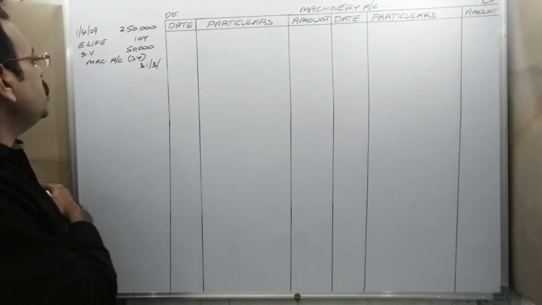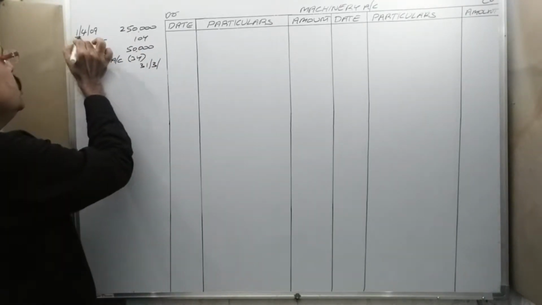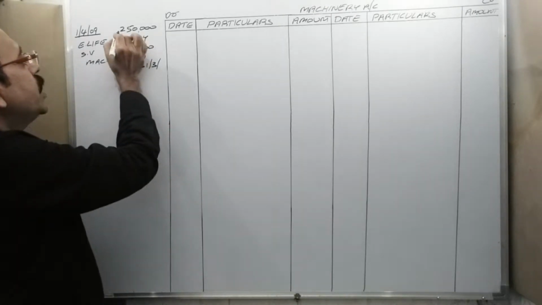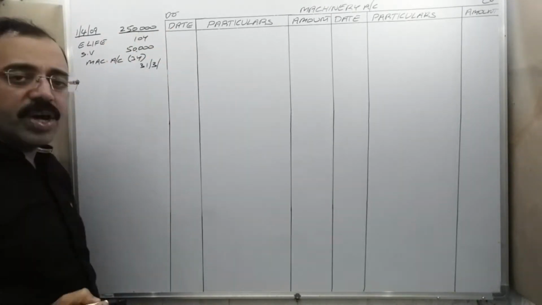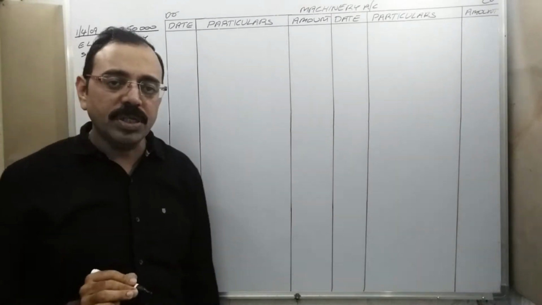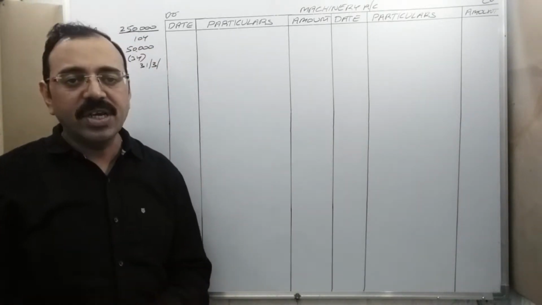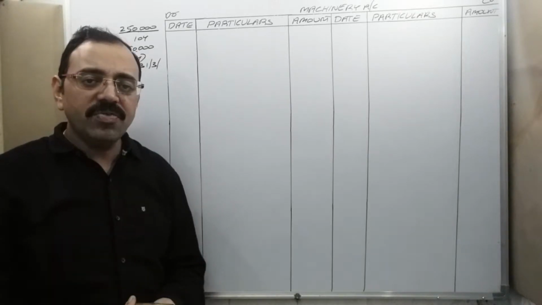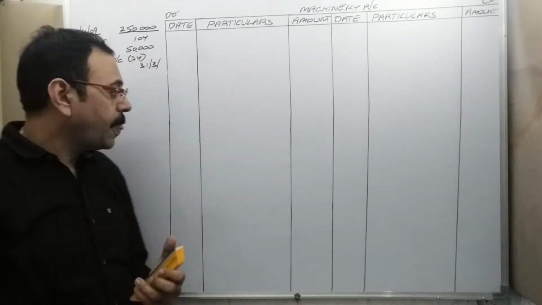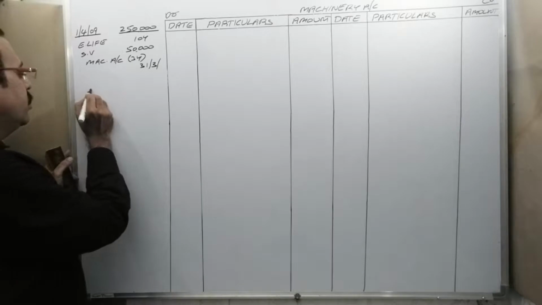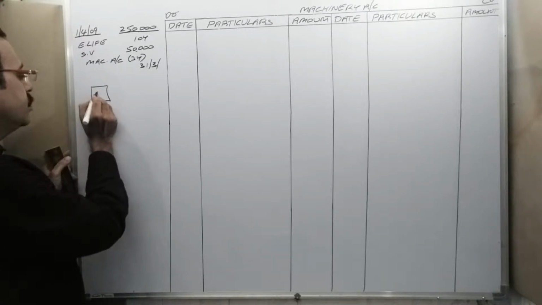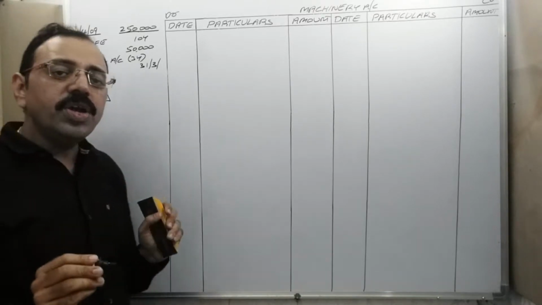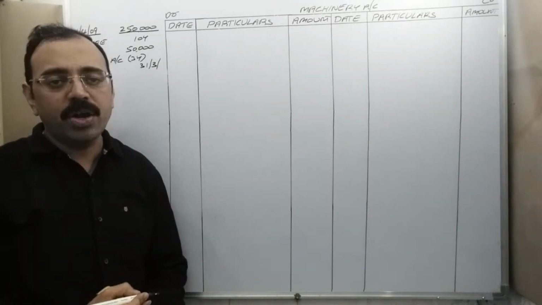Okay? Now, first what happened? On 1st April 2009, the firm purchased a machine for 2,50,000 rupees. This is your first transaction. Then what is the journal entry for this? Let us see. This is the firm. Whenever you are preparing accounts, always think from the firm's point of view.